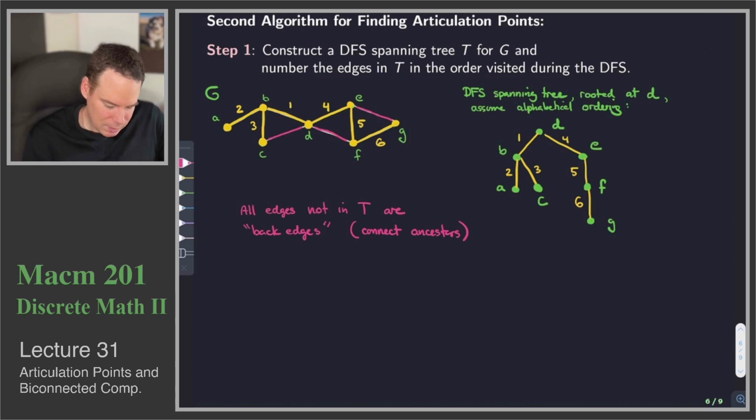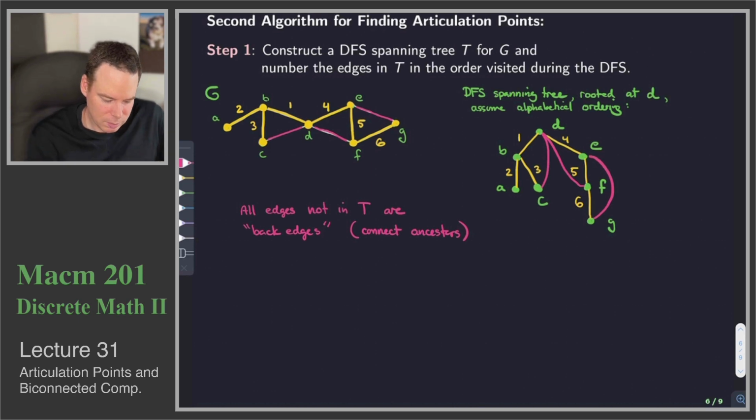So we have edge CD. So C's down here and it's connecting to D. So it's going, we like to think of it, going back up the tree. What about DF? So that goes from F all the way back up to D. So there's a back edge going back up the tree. And what about EG? That's another edge going back up the tree.